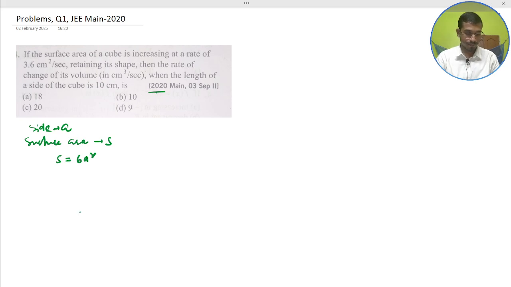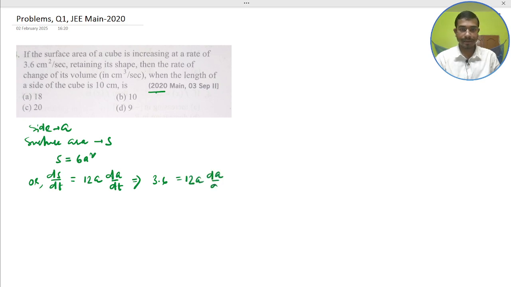This is the formula for a cube. Now dS dt means 12a dA dt. That implies 3.6, which is given, equals 12a dA dt.